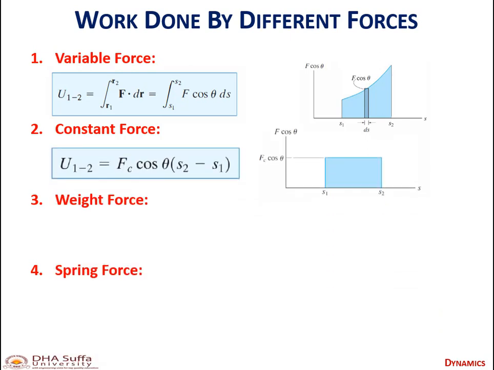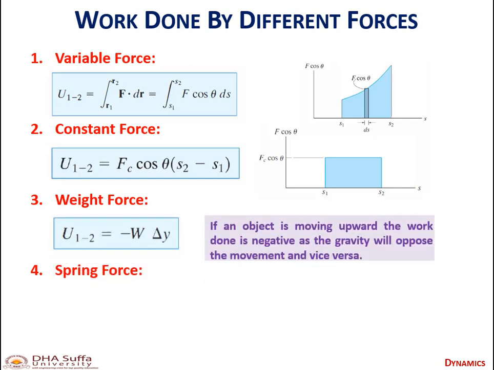Similarly, that's a pretty simple one. If the particle is subjected to a constant force, we have fc cos theta simply multiplied by s2 minus s1, which is the change of position.